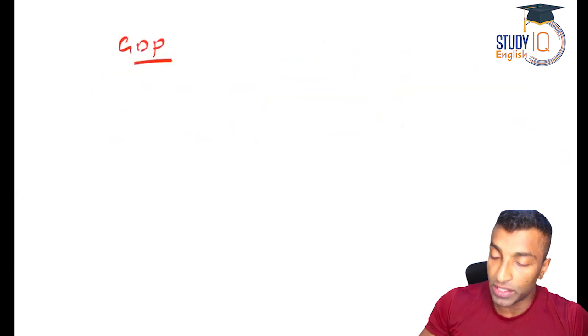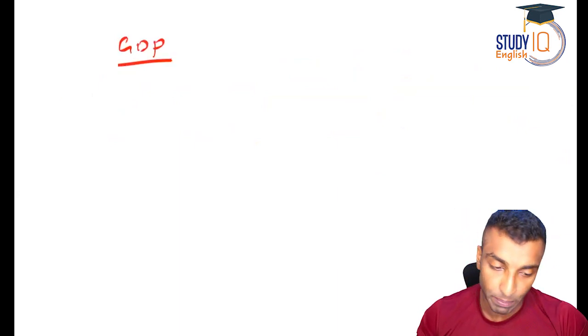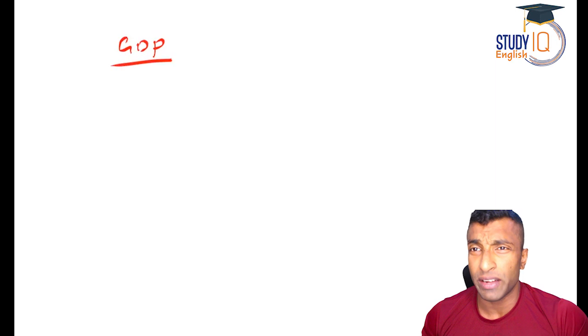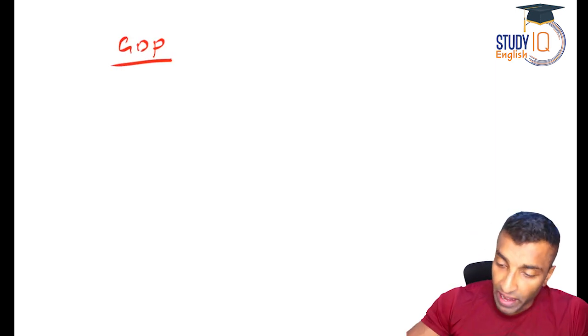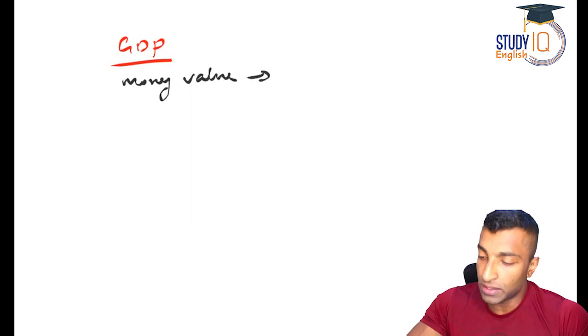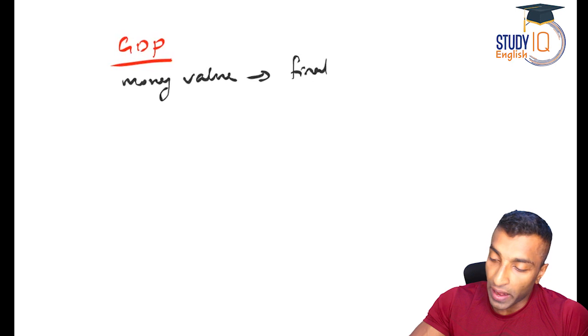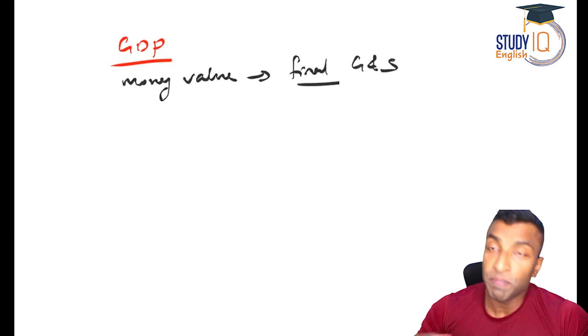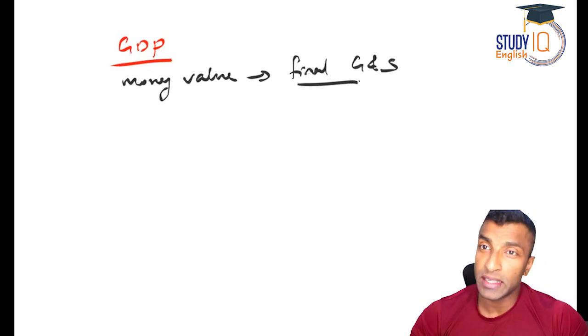So let me start with the GDP, which is nothing but the gross domestic product. What is the definition? I'll just write down the definition: money value of all final goods and services, which is very important, produced in the domestic territory.